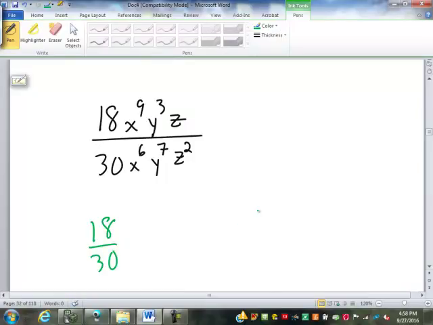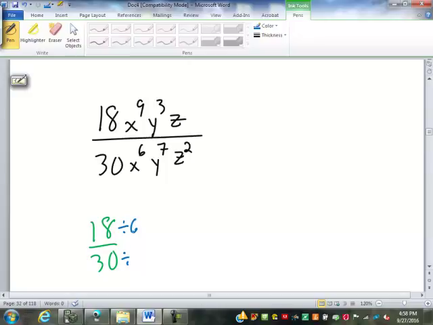Need another minute? Look at the numbers. If we separate out the 18 and the 30, what can both of those be divided by?